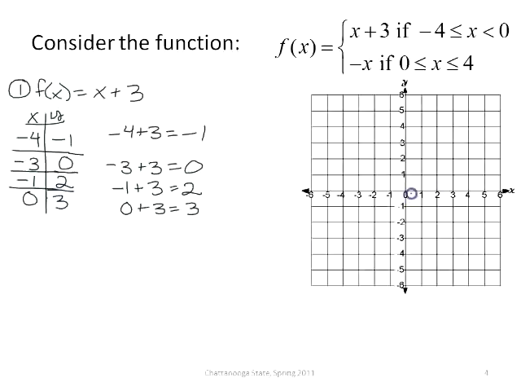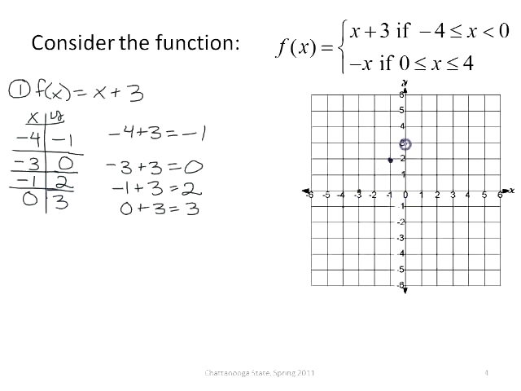So I want to mark these points on my graph. -4, -1 is right here. -3, 0 is here. -1, 2, I said it backwards, I'm sorry. -1, 2 is here.